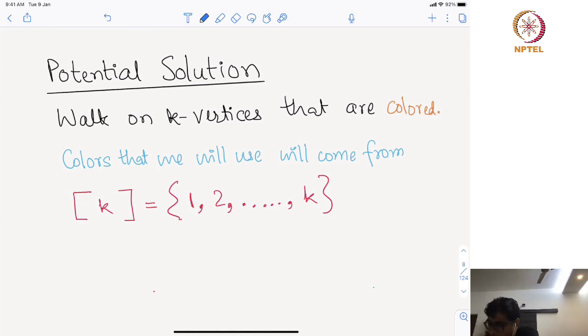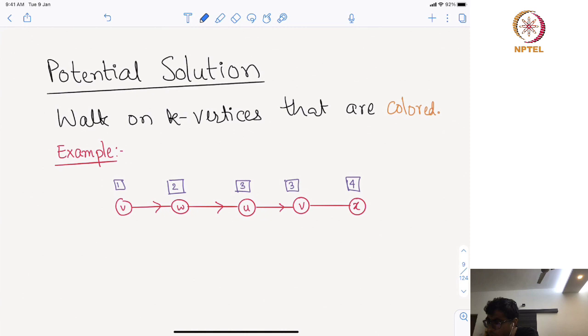So what are our potential solutions? Walks on K vertices that are colored. Look at, for example, V, W, U, V, X. It is a walk, these are the vertices, and these, 1, 2, 3, 3, 4, are the colors.